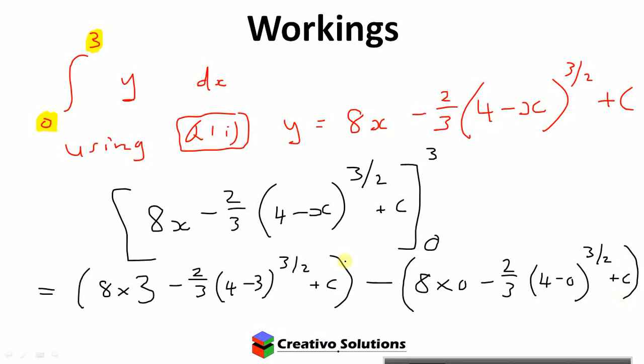Then you're going to need the calculator to work this out. Some of it I can do, but I'll need help with the rest. So 8 times 3 is 24. What is this on the calculator that you're going to have to plug in?